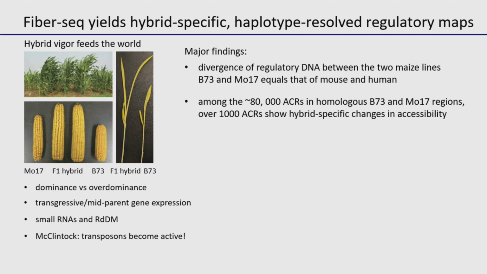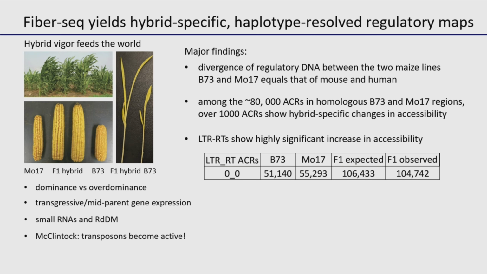Among the regulatory regions for which homologous sequence exists in B73 and Mo17, there are over 1,000 ACRs that show clear, significant hybrid-specific changes in accessibility. So lots for us here to investigate about what that does to gene expression. I should also tell you that we have, of course, kinetics long-read data for all of this. Our transposons are actually expressed, and we have small RNA data as well.